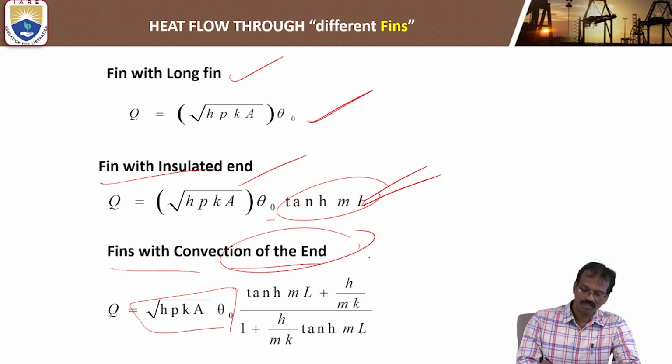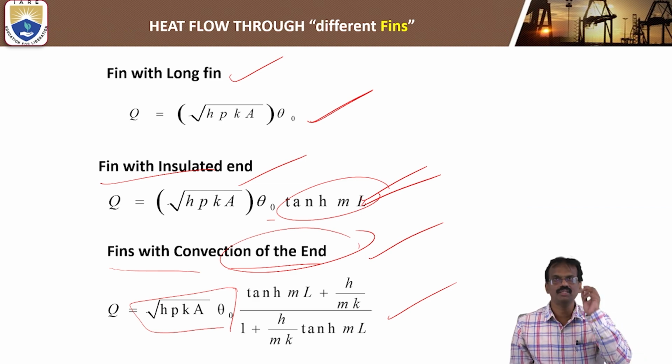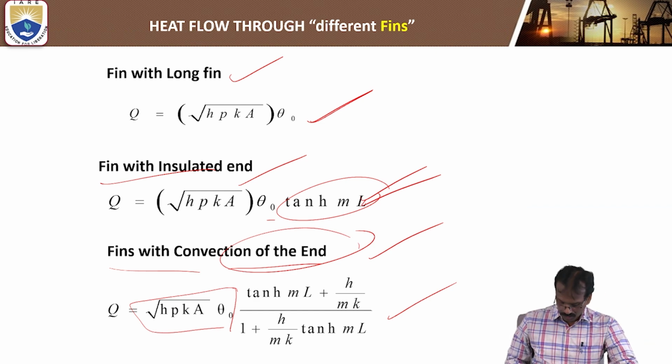We have to remember these formulas for solving different numericals based upon the long fin, short fin, and convection at the end fin. So here we will see a few numericals based upon this.